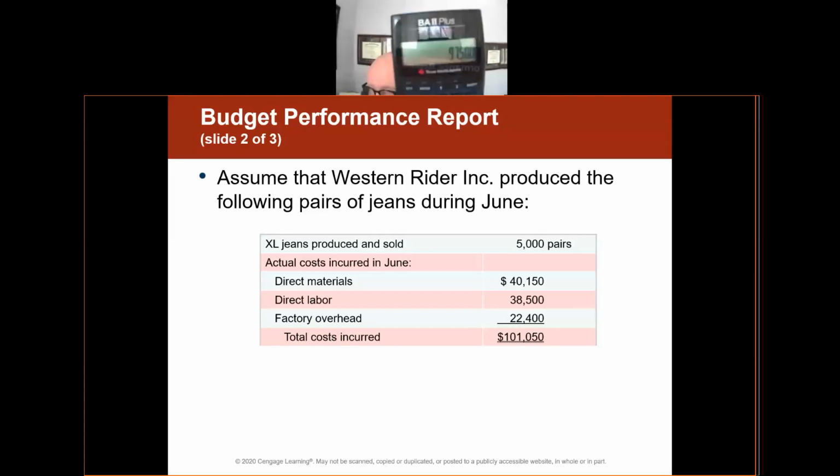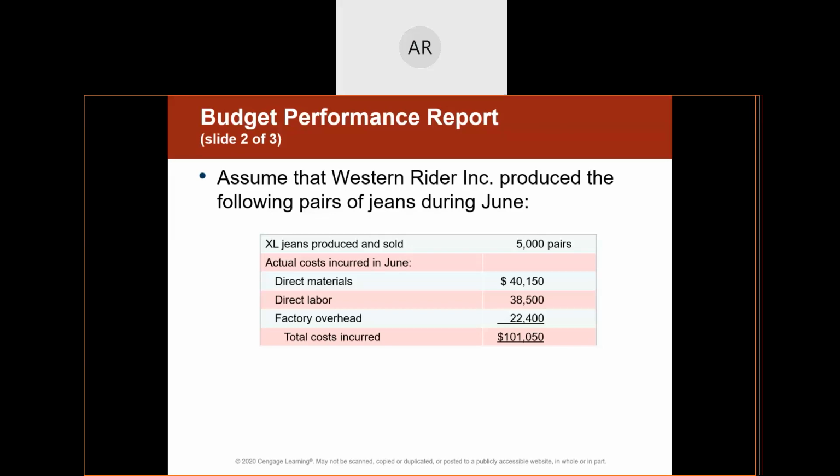So, Andre, our standard costs are $97,500. In other words, that's our budgeted cost, right? We actually incurred $101,050. Is that favorable or unfavorable? Unfavorable. Why is that? That's because you've incurred more than what you budgeted for.